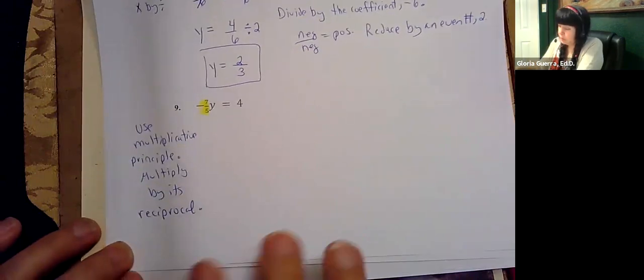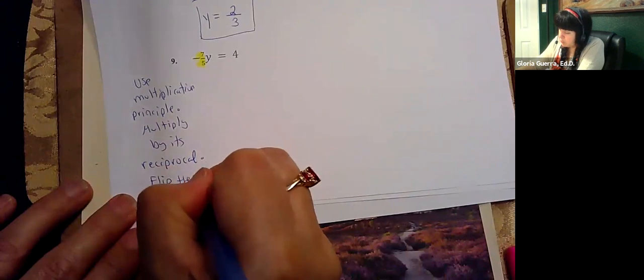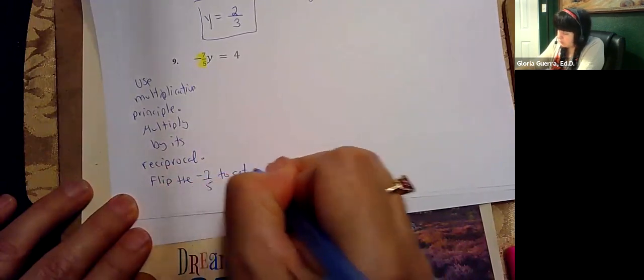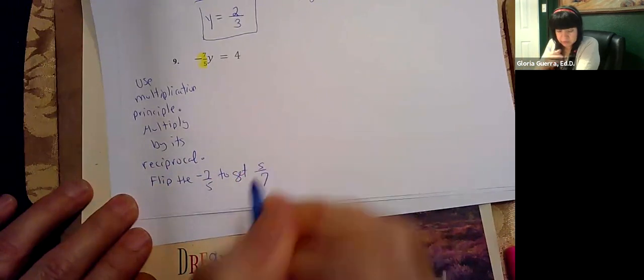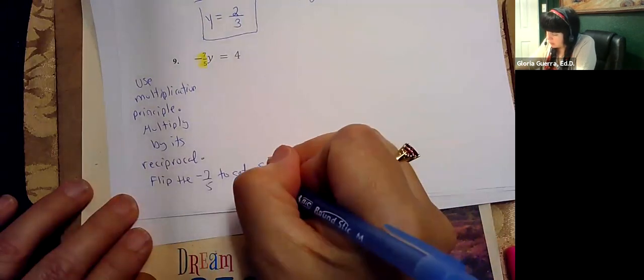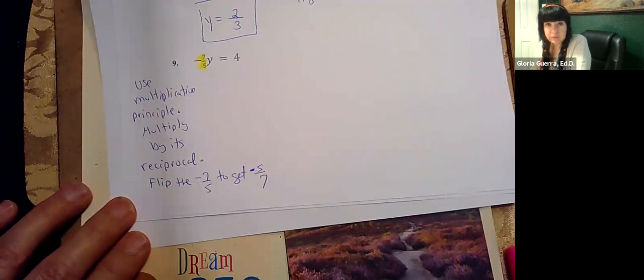So you're going to flip the -7/5 to get 5/7. You have to keep the negative, it's still negative. It didn't say to take the opposite.